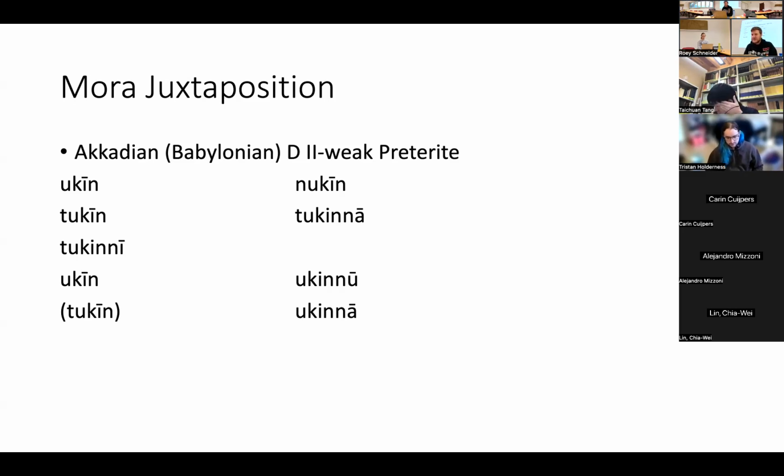Okay, so the last thing I wanted to talk about was what we can call length metathesis or mora juxtaposition. Does anyone remember what a mora is? Like one phonological length unit. Yes, exactly, or weight unit. So if you remember the scheme of the syllable, if we have a syllable with an onset and a vowel and a coda, what here counts as a mora?